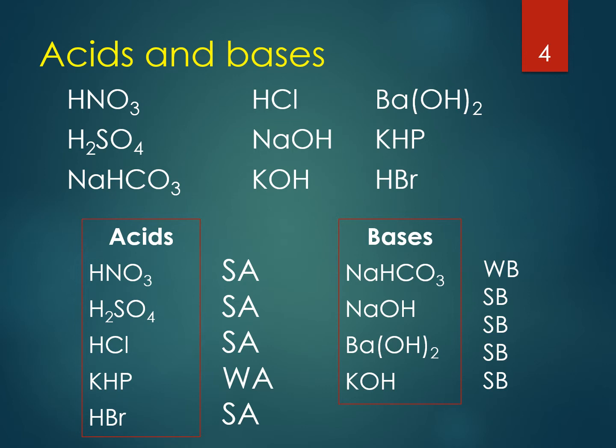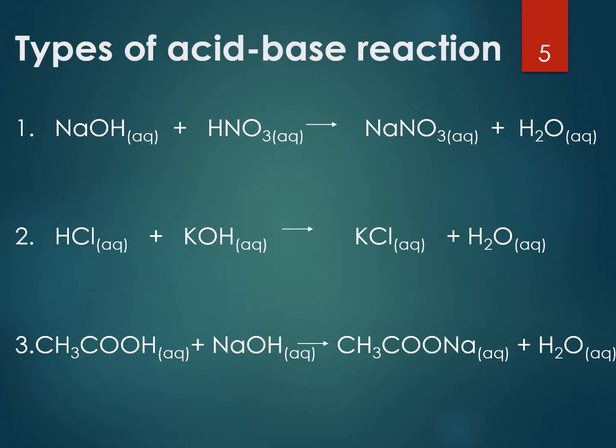An example of a weak acid is the THP. And for the bases, strong bases commonly are sodium hydroxide, barium hydroxide, KOH, and the carbonate is a weak base. So for sure, you've learned this in your senior high school about strong acid, weak acid, the same thing with the base, strong base, and weak base.